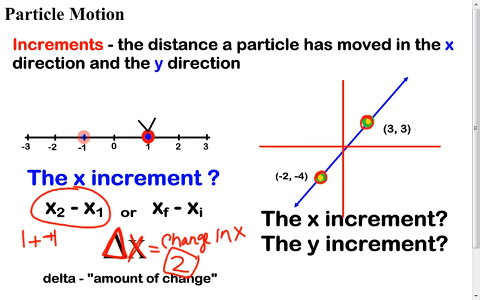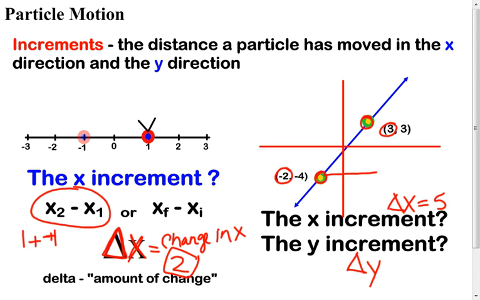So the x increment, which of course is also known as delta x, again, is how much did it move to get from here to here? Well, if it was at negative 2 right here, and it moved to 3 right there, obviously the x increment would be 5. And then the y increment, or the delta y, would be how much it changed vertically.